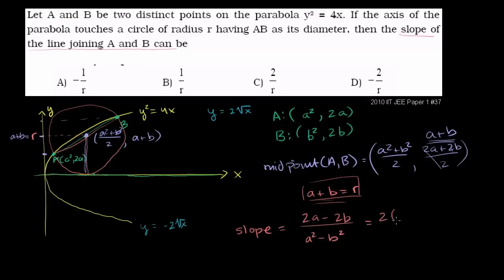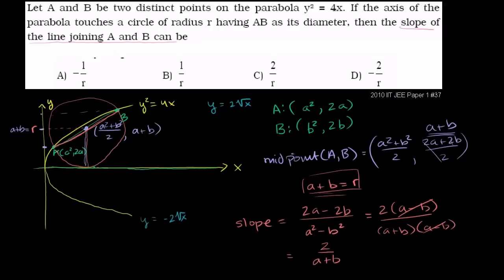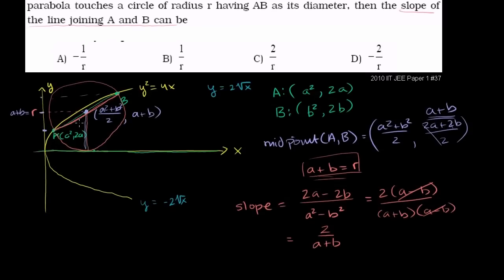This is equal to 2 times a minus b over a plus b times a minus b. This is just a difference of squares. The a minus b's cancel out. The slope of the diameter, the slope of the line that we care about, is going to be 2 over a plus b.